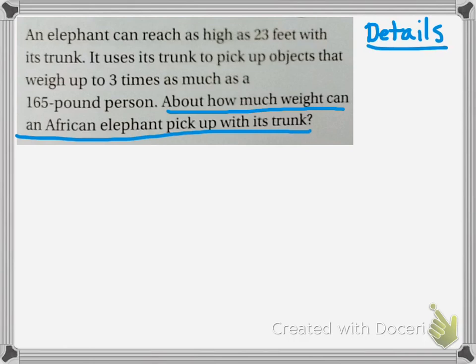You know, that first line really has nothing to do with that question. That's not an important detail to this problem. It uses its trunk to pick up objects that weigh up to, here's some important, 3 times as much, that's important, as a 165-pound person.